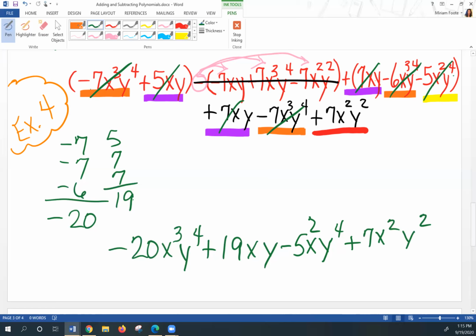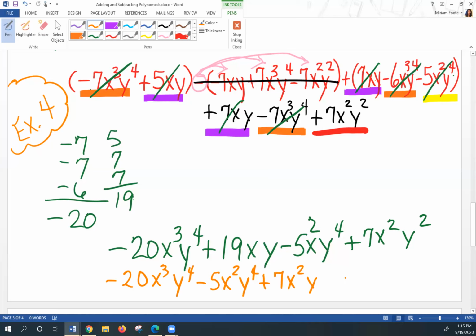Now I want to rewrite it in standard form. So, let's use orange. If I'm using my x to the third, I want x squared to come next. So -20x to the third, y to the fourth, minus 5x squared, y to the fourth, plus 7x squared, y squared, plus 19x, y.